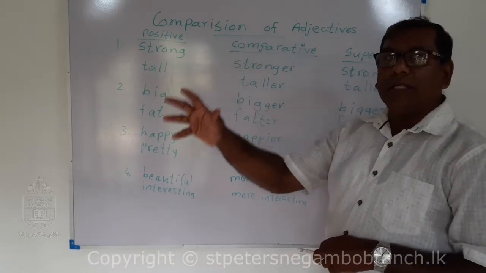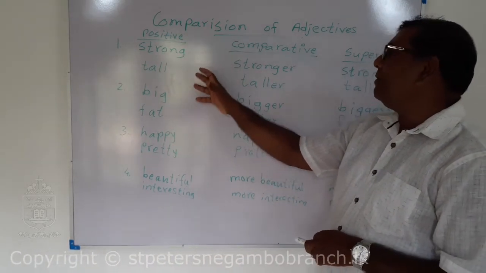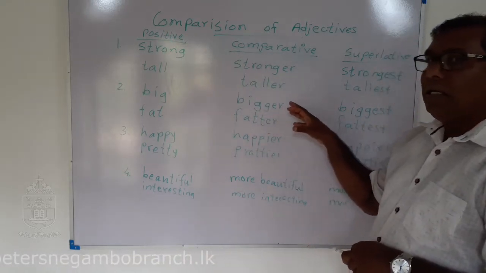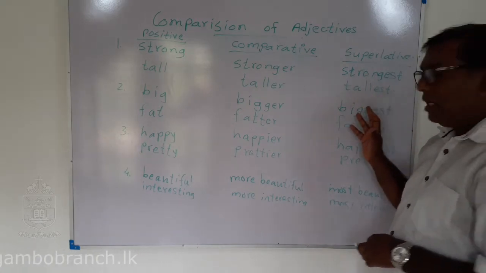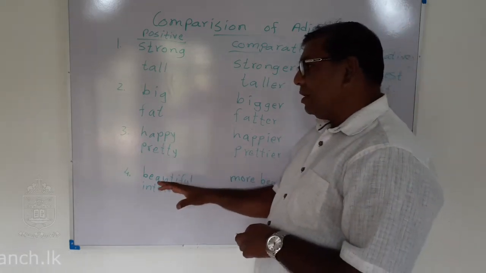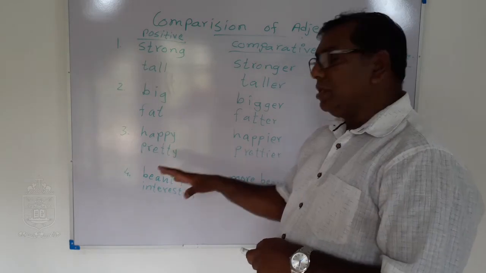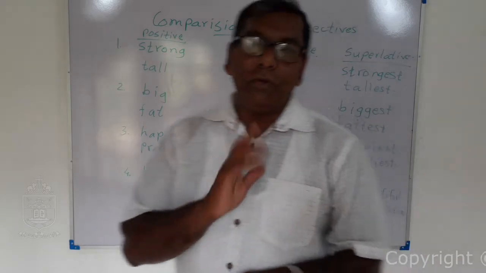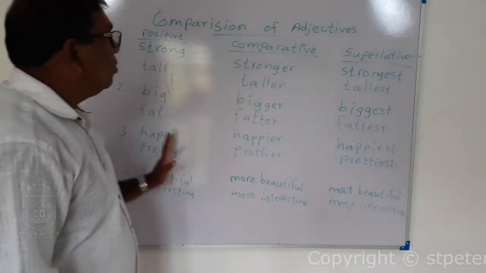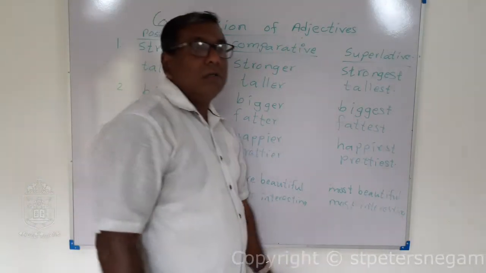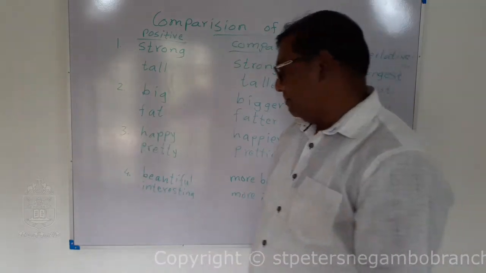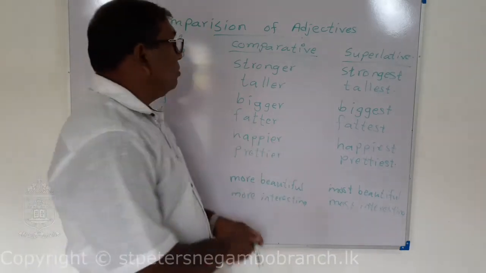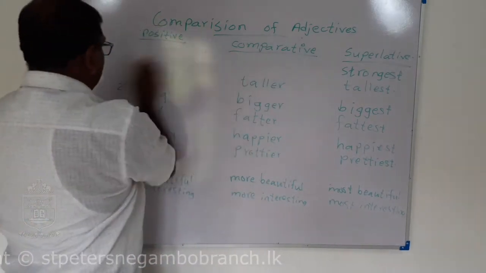Now, tall is one syllable sound. So, because of that, we don't add more and most. For those ones, we have to add only ER, and for the superlative EST. For these, if we come across more than two syllable sounds, we have to add more and most for the comparative and the superlative. You have to remember it well. So, all these adjectives are called regular adjectives. After that, we are going to move into the irregular adjectives.